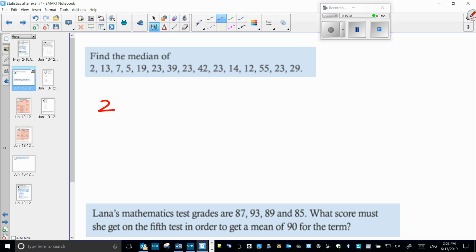So 2 is my lowest. And I'm actually going to cross them out to make sure that I've got them all. I've then got a 5, 7. Tell me if I'm doing something wrong, okay? 12, 13, 14. Oh gosh, this is a lot, isn't it? 19.